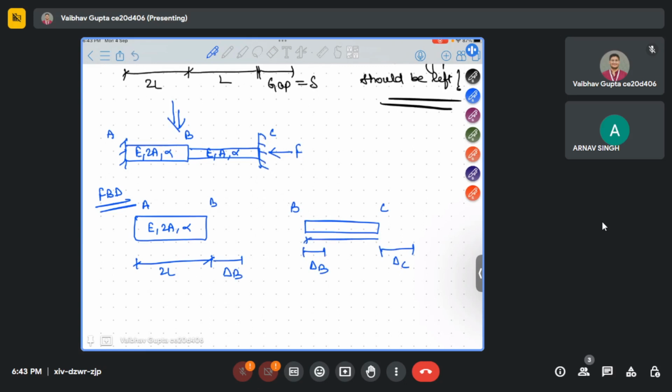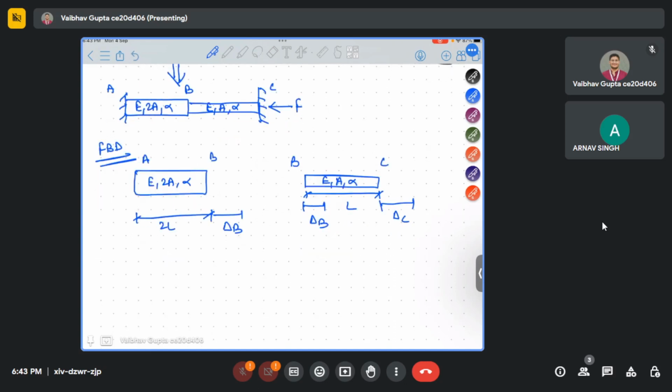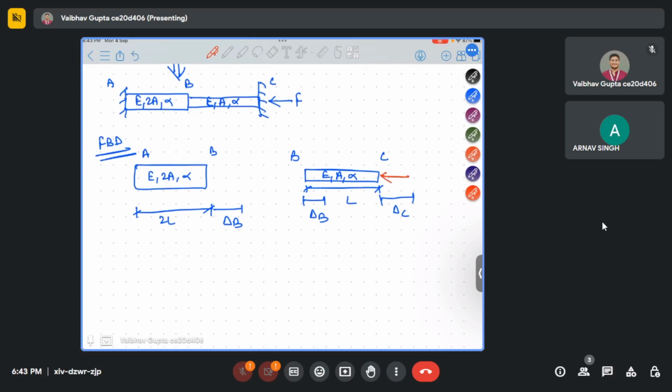Length is L for this, property is E, A and alpha. Now F is applied due to closing of the gap, so to maintain equilibrium, F will be applied here also. Since F is applied at point B, following Newton's third law, an opposite force will be applied on AB at point B, and to maintain equilibrium at point A, F will be applied.